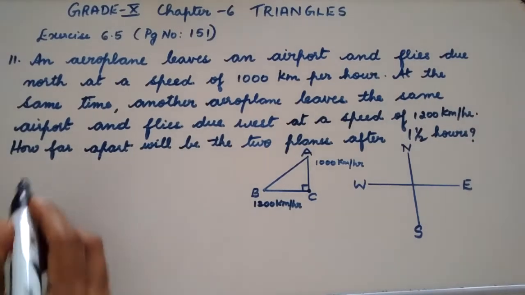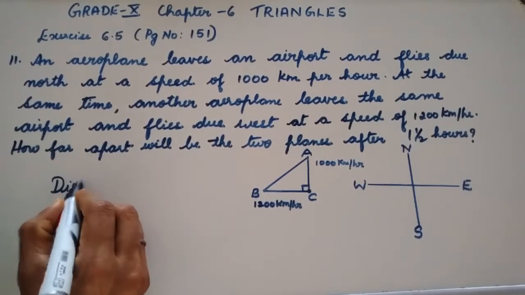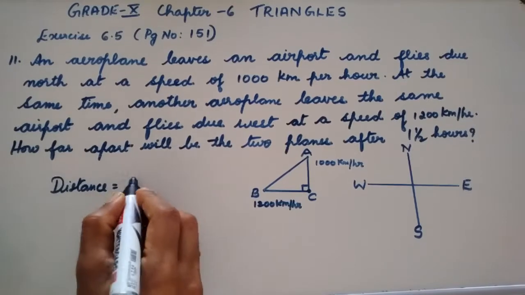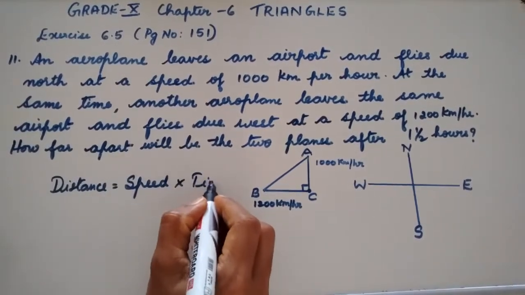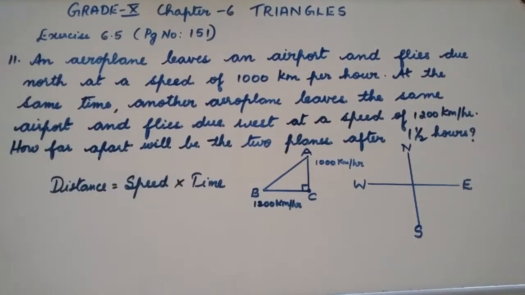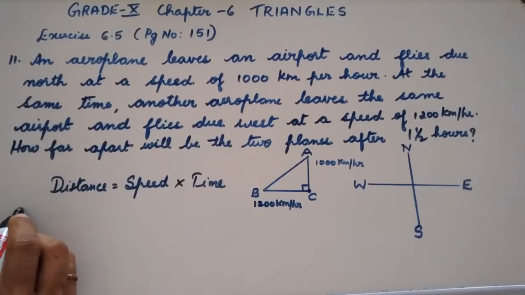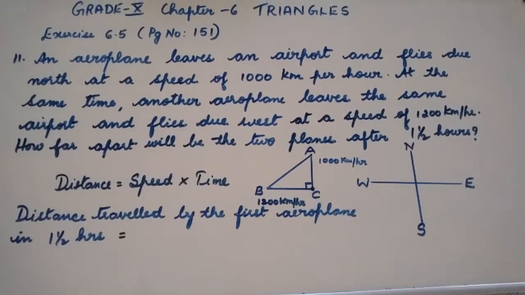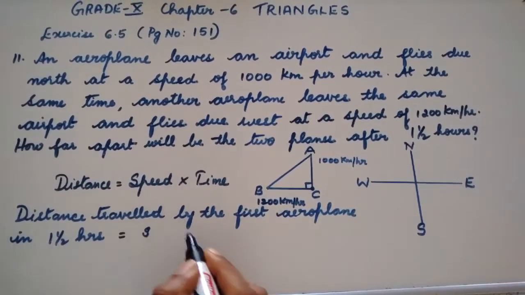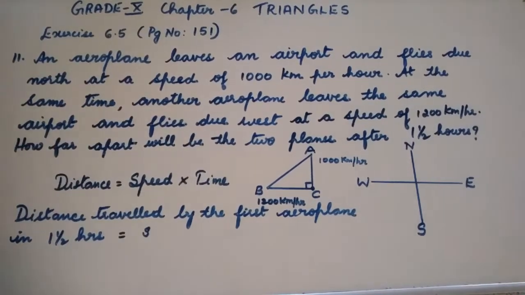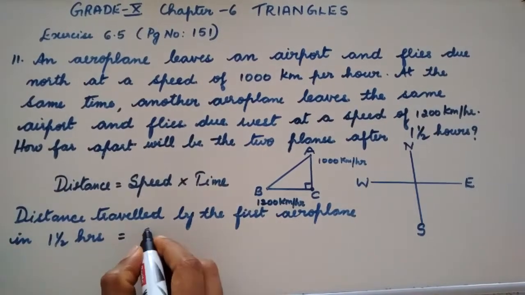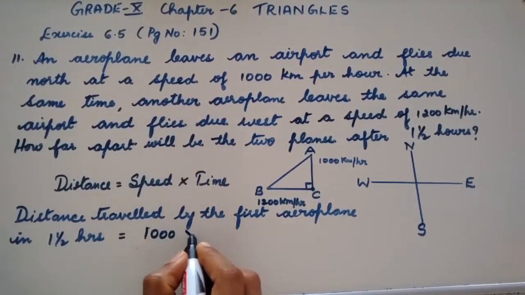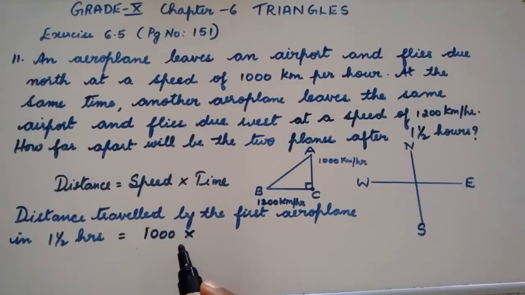We know that distance is equal to speed into time. So first let us find the distance travelled by the first aeroplane. Speed into time. So what is the speed, students? It is 1000 into time.